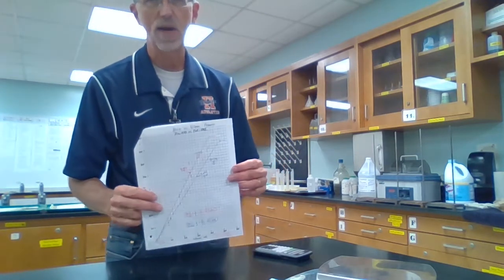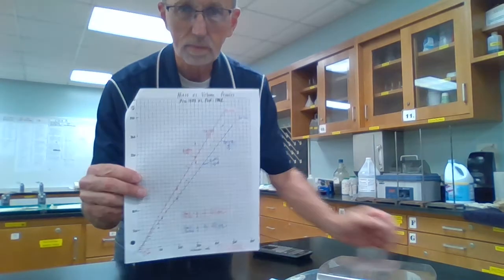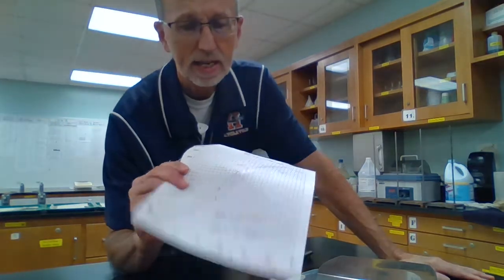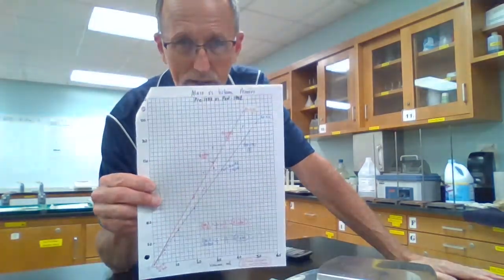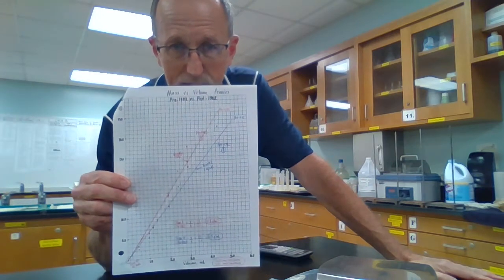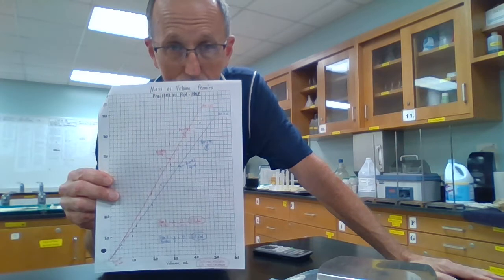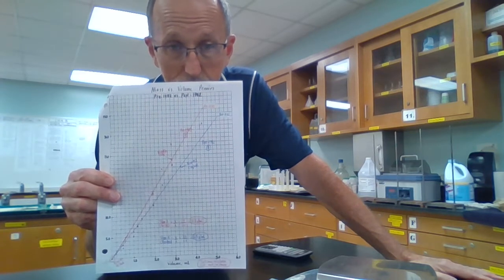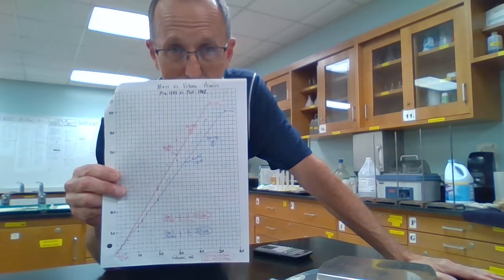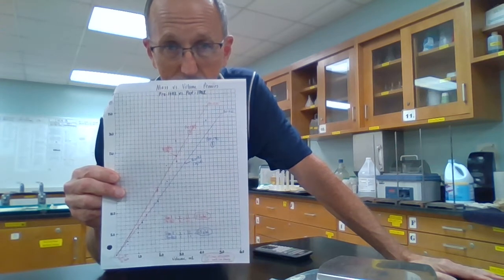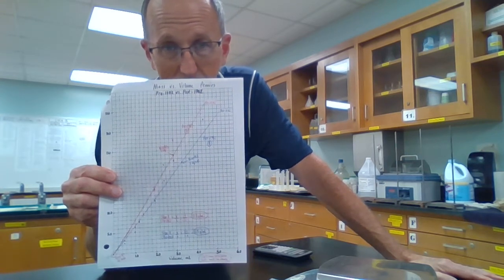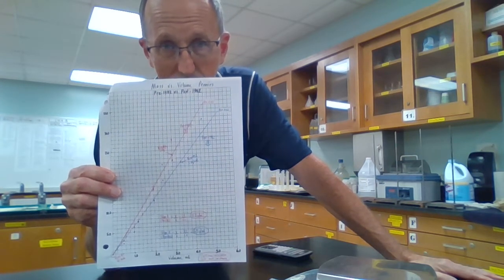So let me show you real quick when I graphed my data. I did it in 2 colors so it'd show better. You don't have to do that. But I just wanted you to see in general that I ran both lines to the origin, which you should. And then I incorporated as many of the points as I could through a best fit line, and then calculated the slope of each line.